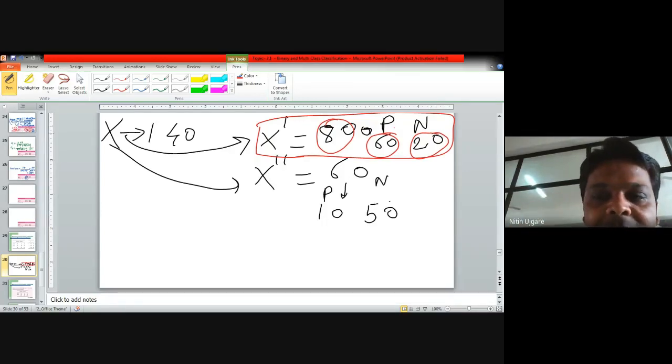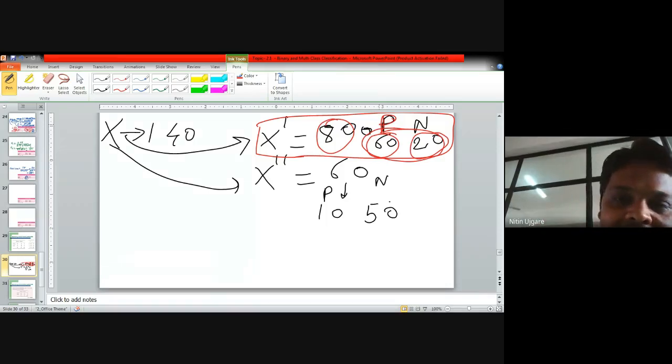So the majority of instances in the first subset, X dash, are positive instances, and hence all the instances of this set will be classified to the positive class.